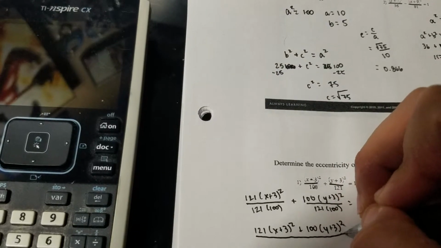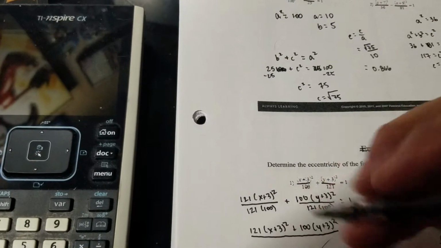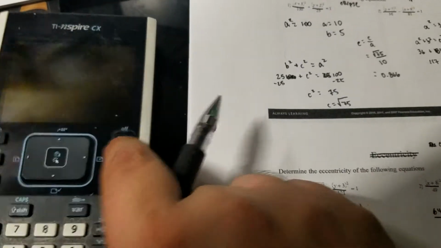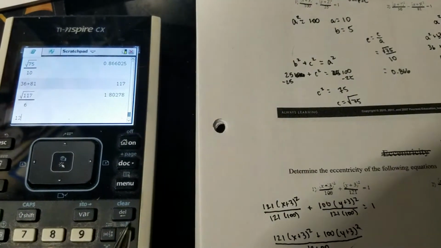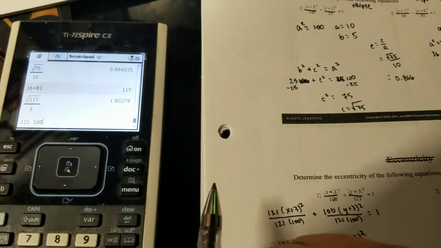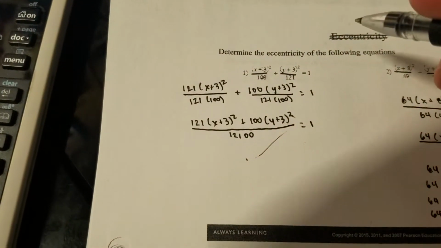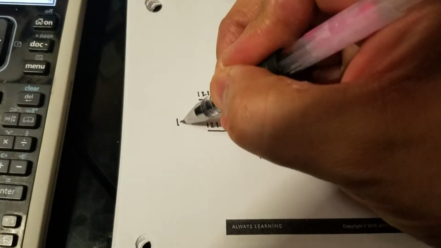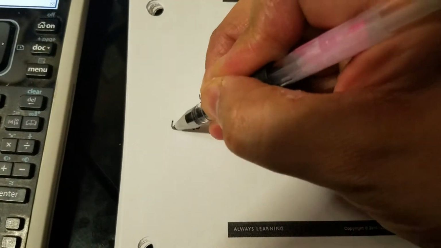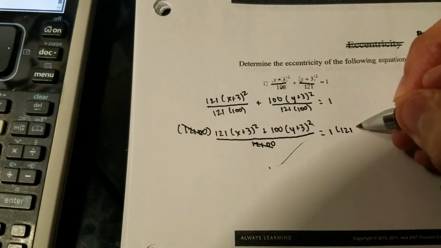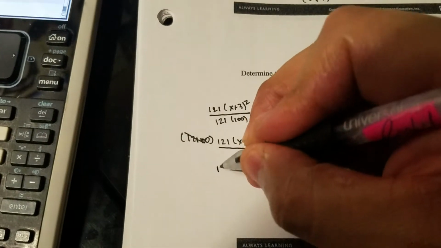Now I'm going to multiply 121 times 100, pretty big number here. To get rid of this part, I would multiply by this to cancel it here. When I do something to one side, I have to do it to the other. So I'm left with this right here.